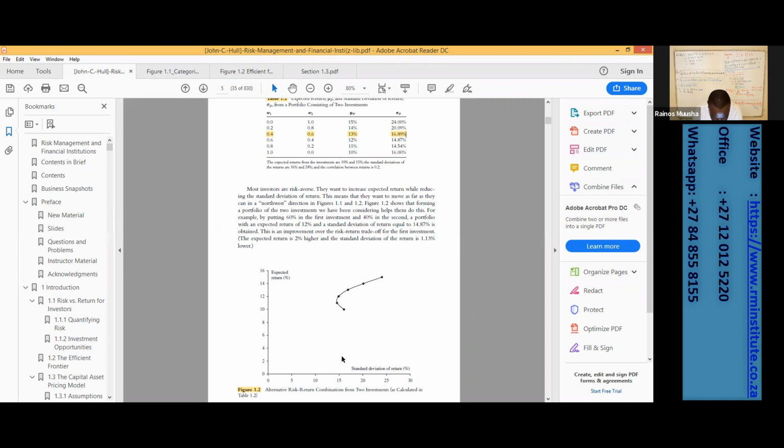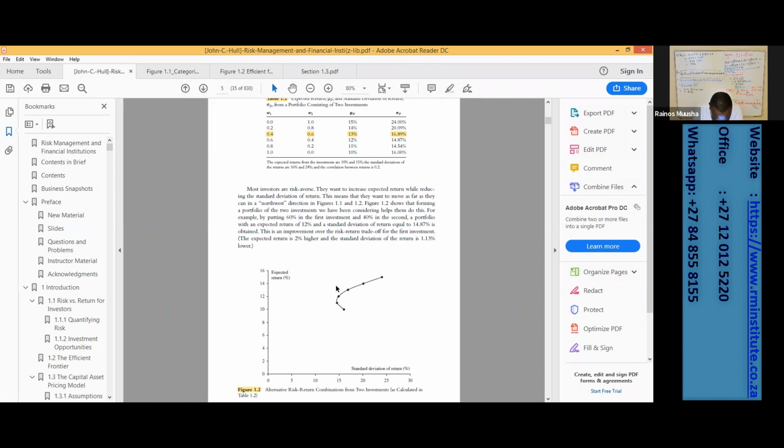So for example, for an expected return of 10%, we see that the corresponding standard deviation is somewhere at 16% there, right? And the highest expected return is 15%. For an expected return of 15%, we see that the corresponding standard deviation would be somewhere at 24% there.